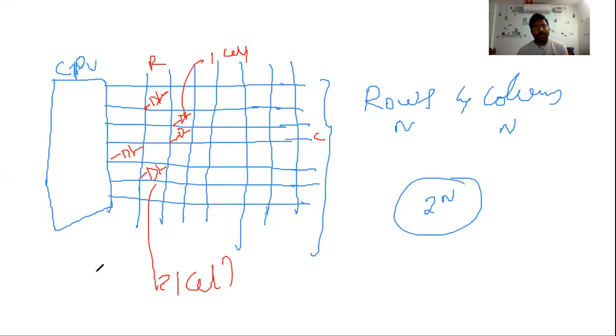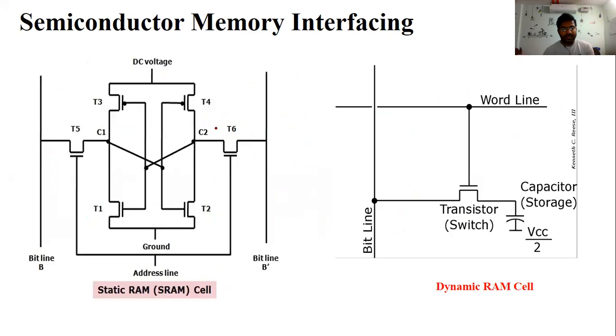What is the structure of one cell? One cell structure is like this.